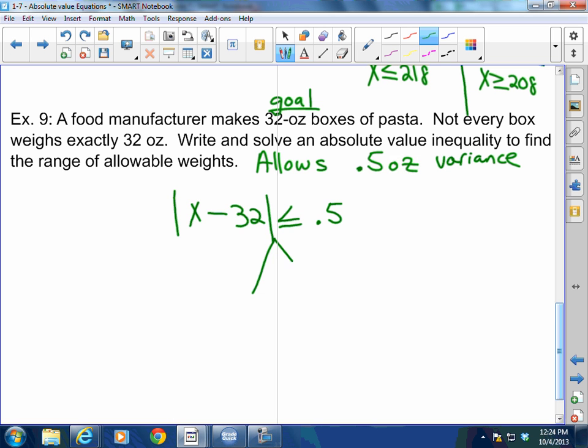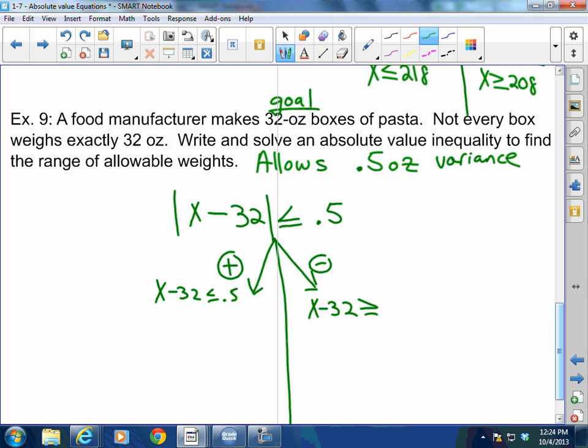We got a positive side and a negative side. My positive side is my mirror image: x minus 32 is less than or equal to 0.5. My negative side: x minus 32 is greater than or equal to negative 0.5. Why, Mr. Morrow? Because I multiplied that by a negative 1.